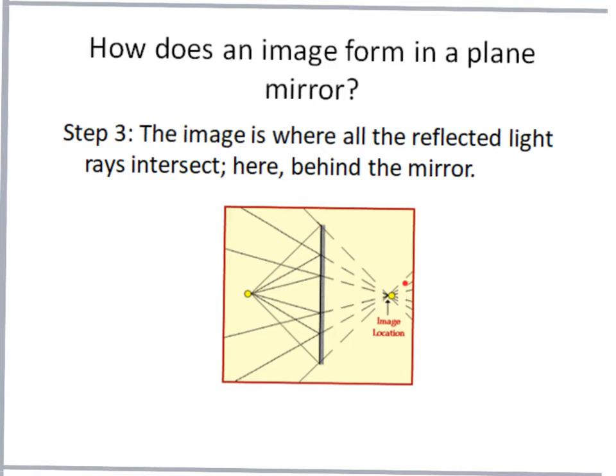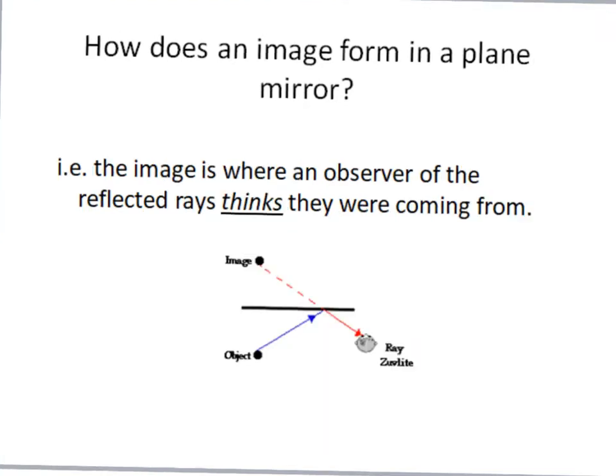So now we're sort of in an imaginary universe. And where those lines intersect is where the image appears to be. In this case, it's behind the mirror. Okay, so basically, the image is where the observer of the reflected rays thinks they are coming from.